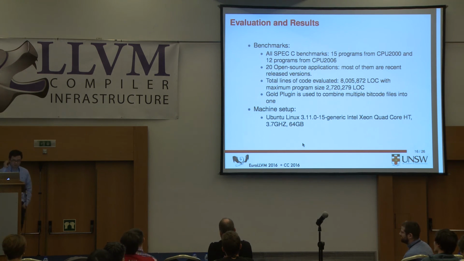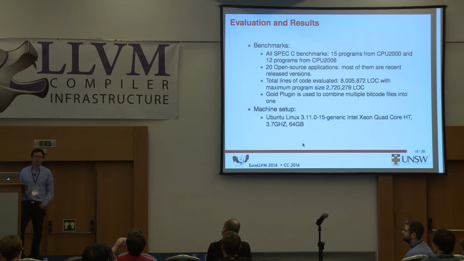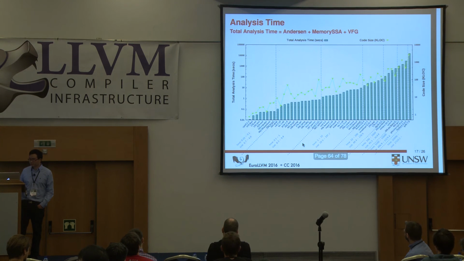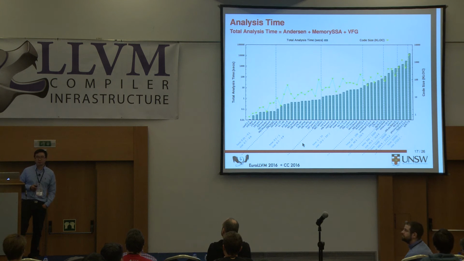I think this is a good question because inter-procedural analysis not only takes more time, but also more memory, because you are analyzing the whole program. For the benchmarks we have evaluated, some of them, especially the largest one, take, if I remember correctly, 20 to 30 gigabytes, because the bitcode size itself is quite large.